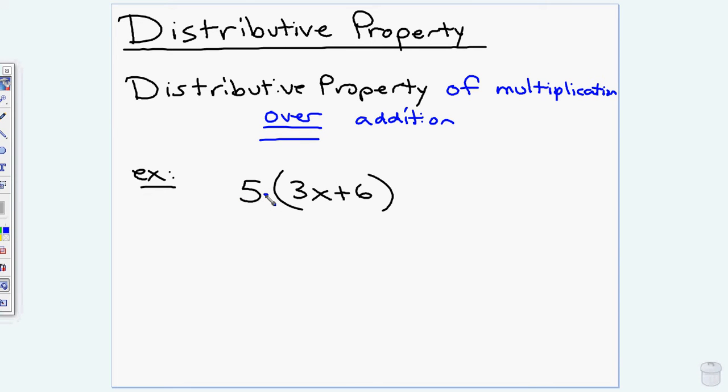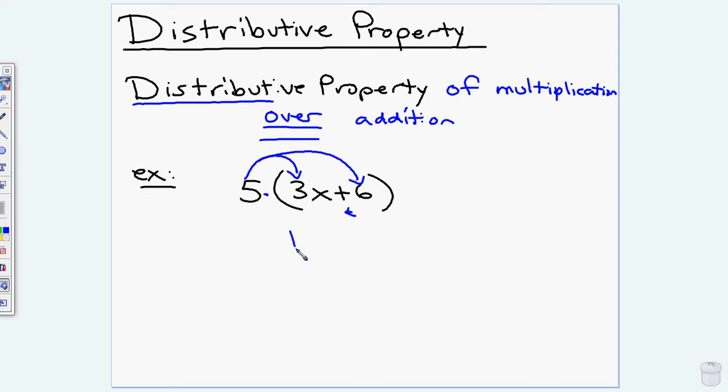And what we do is we multiply to each of these terms, or we distribute, that's why it's called the distributive property. We distribute the multiplication to each of these terms that's inside over top of whether it's addition or subtraction. So, what's 5 times 3?